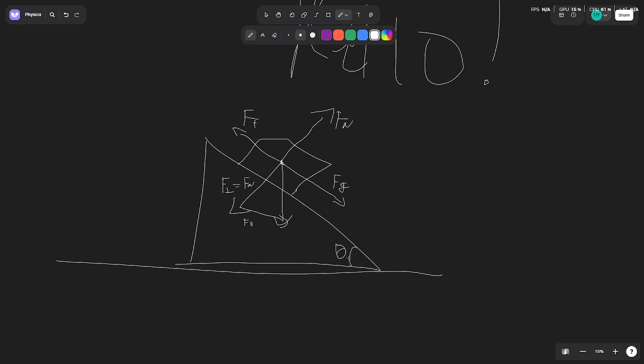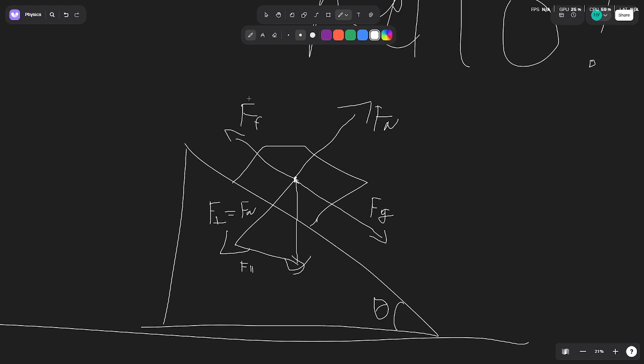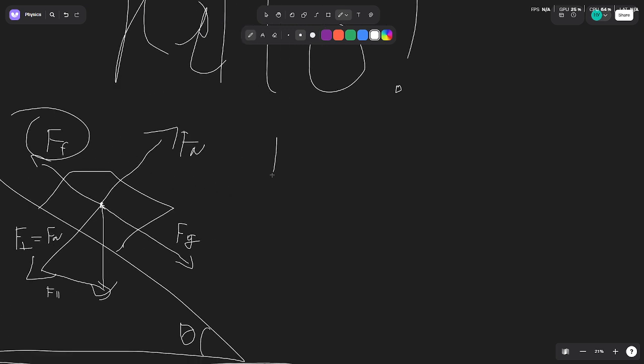So we will work only with this one. So we'll start with the friction. This is the easiest one. Force of friction equals mu Fn, right?